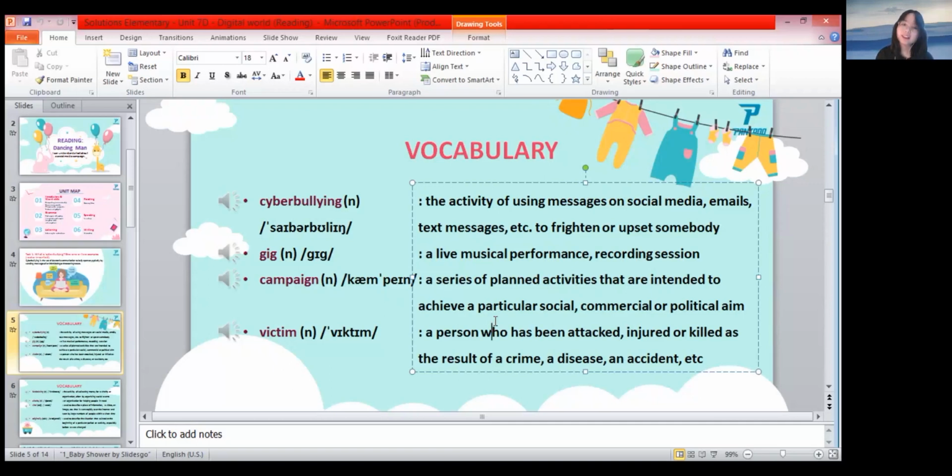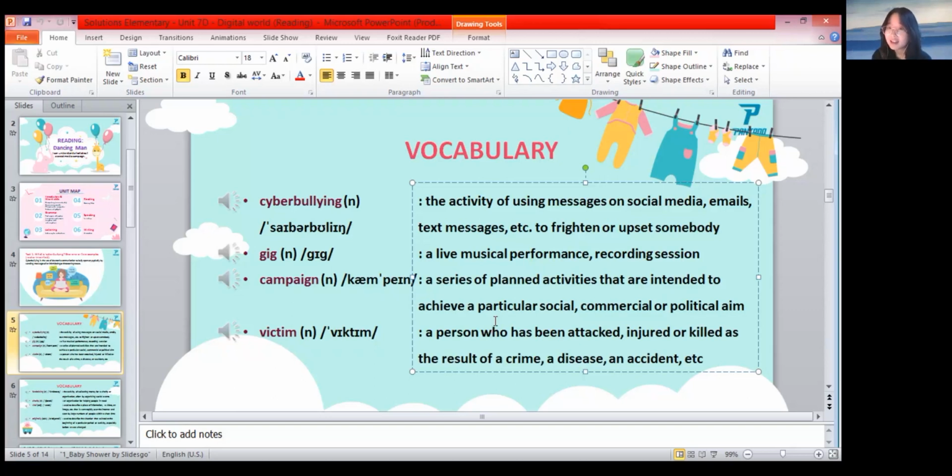Okay, that word means a series of planned activities to achieve a particular goal. The fourth word we have is victim. Victim is a person who has been attacked, injured, or killed as a result of a crime, a disease, an accident, or, if you know the word, cyberbullying.